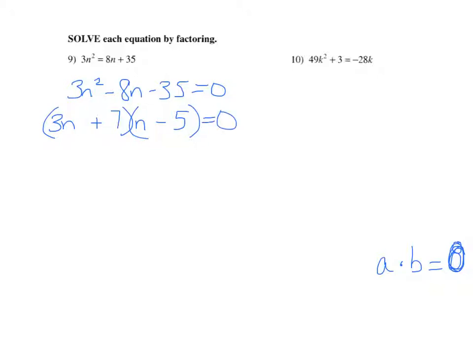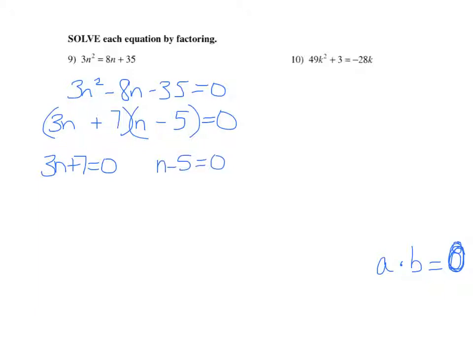Okay, what's new now is that these factors are being multiplied and they equal 0. And the only way you can multiply two things and get 0 is if this is 0 or this is 0. So in this case, 3n plus 7 has to equal 0, or n minus 5 has to equal 0.